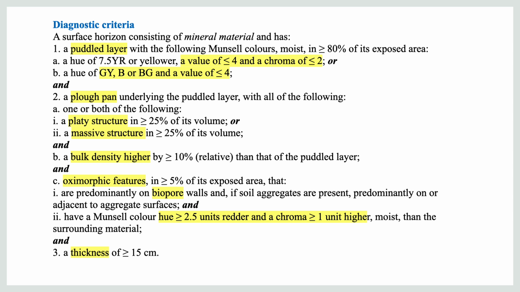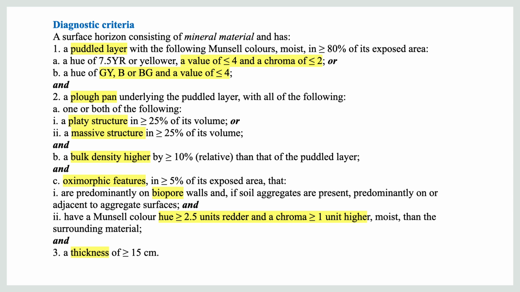The WRB considers an organic layer to be one with a content of 20% or more. So any section of soil with 20% or more is identified as an organic section.